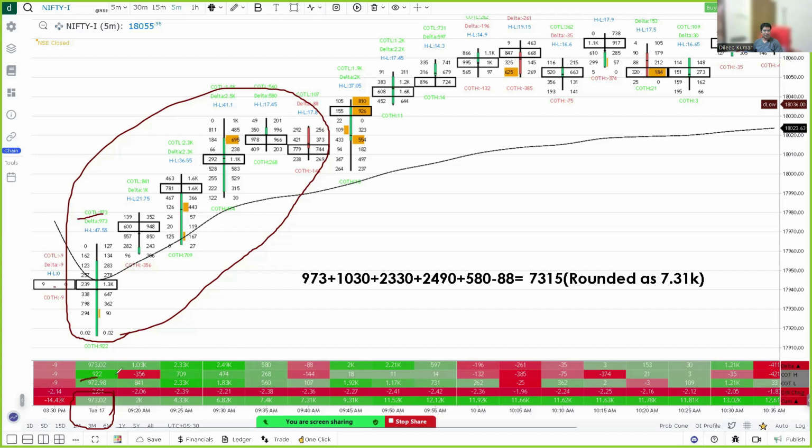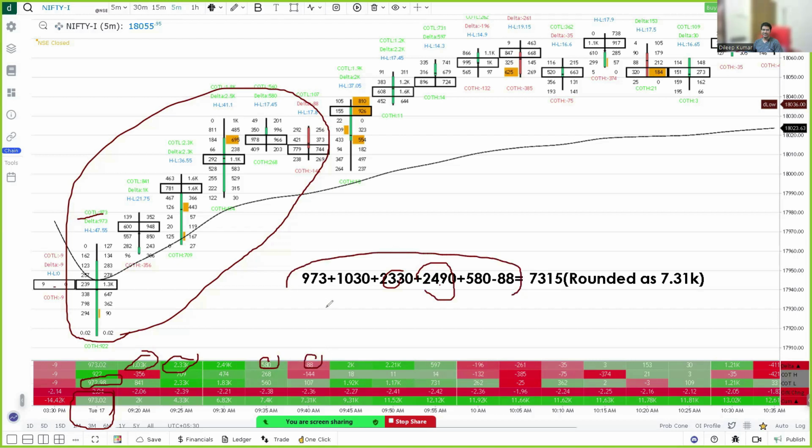So this is the COT low, and we also have the delta on the second candle, 1030, which is this one, and a delta of 2330, which is 2.33k, and a delta of 2490 here, 580, and here a good number, some 88 sellers are there.